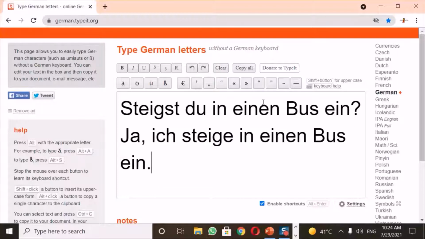Are you boarding a bus? Ja, ich steige in einen Bus ein. So, the main part of the verb is at the beginning of the question and the prefix, as it is called, the 2 or 3 letter word comes at the end of the question. In the same way, in a sentence, the prefix will come at the end of the sentence. The verb will come after the main personal pronoun.